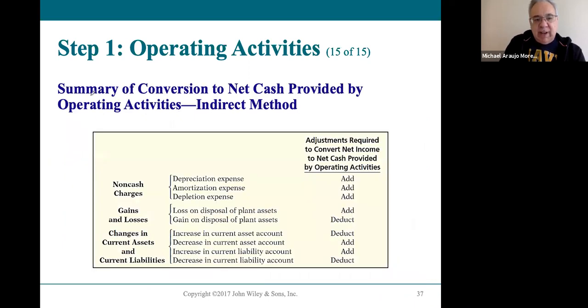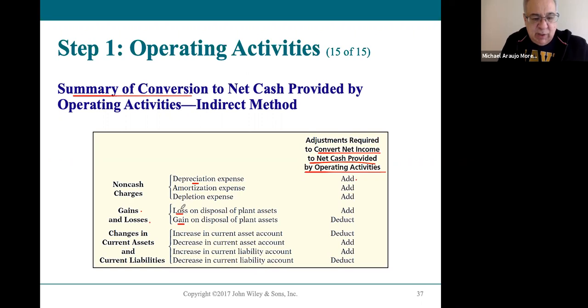So this is a very nice chart. It is in your book. It's clearly part of the slideshow. That basically summarizes step one in a nutshell. So any depreciation expense, we add it back in. Why? Because we're converting net income from the accrual basis to the cash basis to get our net cash provided by operating activities. Gains and losses are simply reversed.